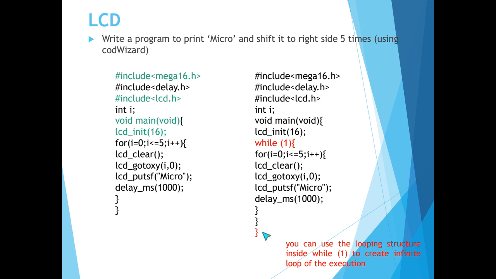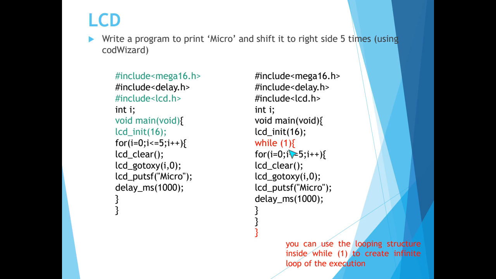But when we write this code inside of while(1), we can have a looping structure to create an infinite loop of execution of this content, meaning shifting micro to the right side 5 times and again coming back to the first column, and again shifting to the right side 5 times and coming back to the first column, and it is repeated infinite times.